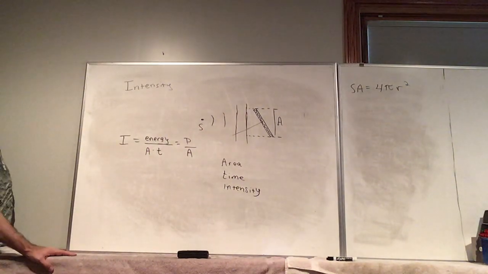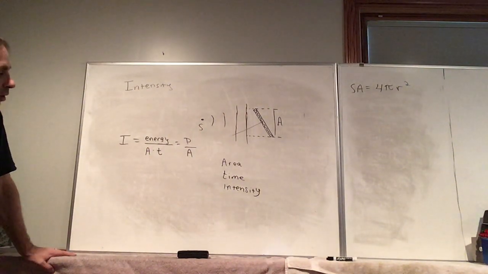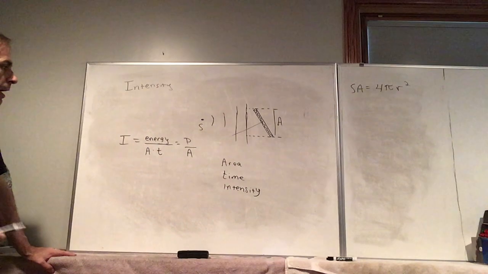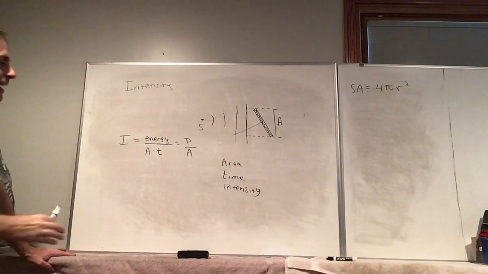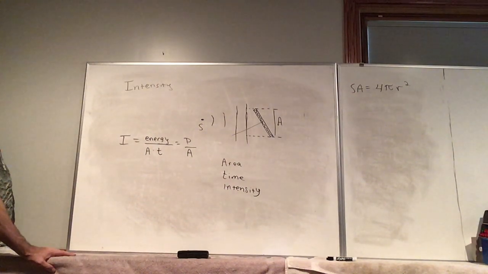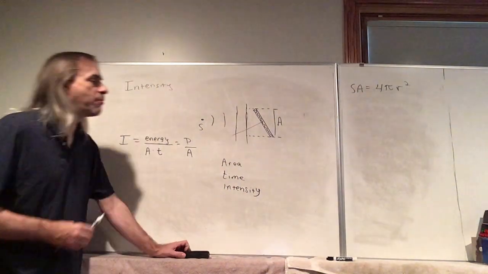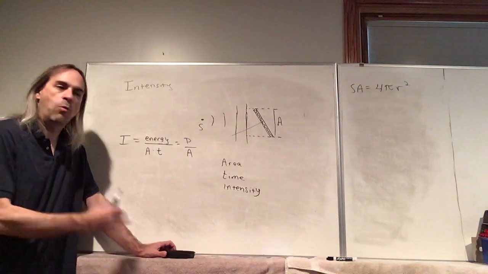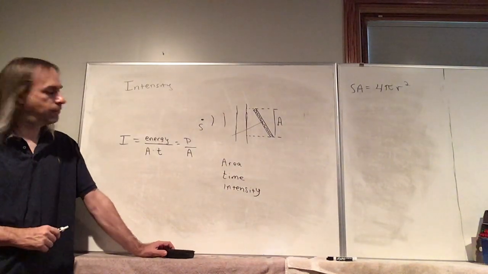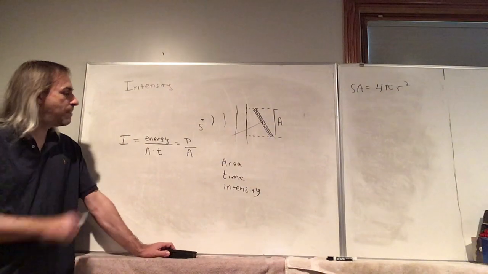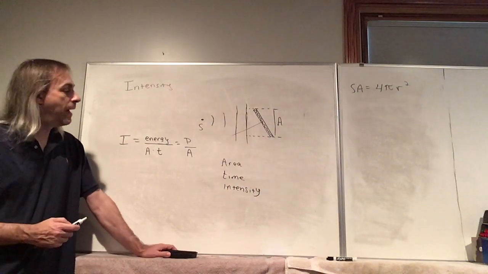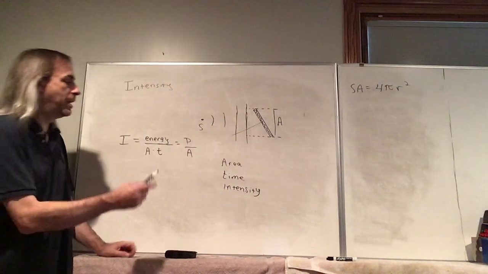So we can say intensity is power over the area. And that's how we define it. And again, that gives us something that only depends on the wave itself. So intensity is a property of the wave, not what the wave is actually hitting. So it's a very important property of waves. The units are watts per meter squared.